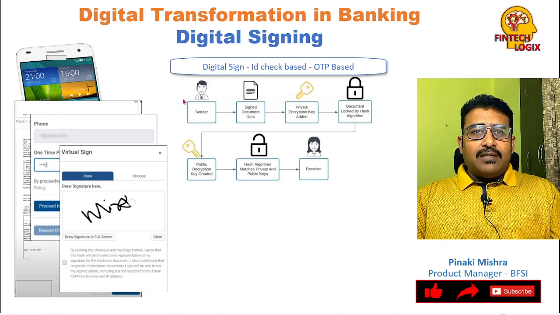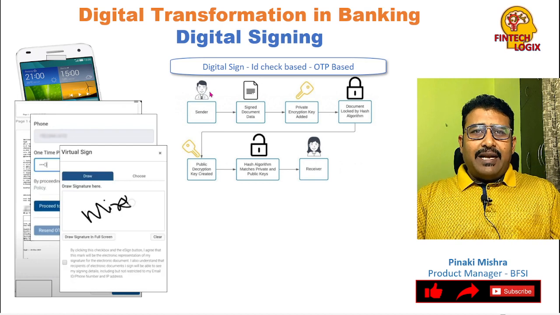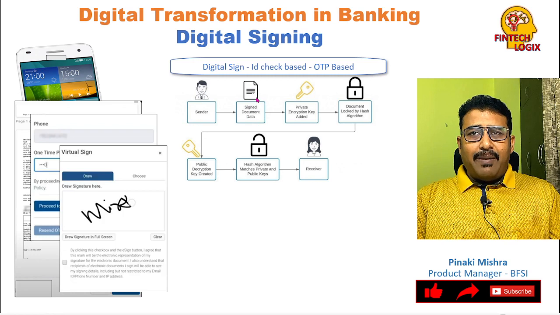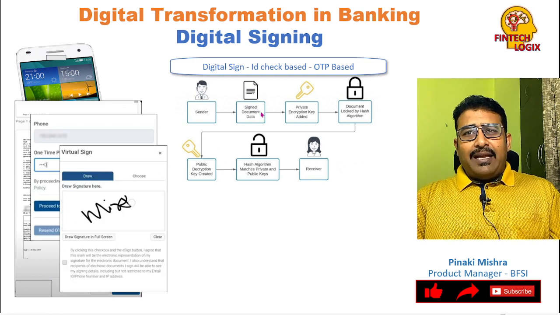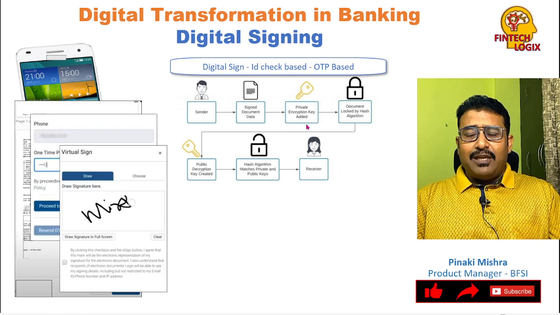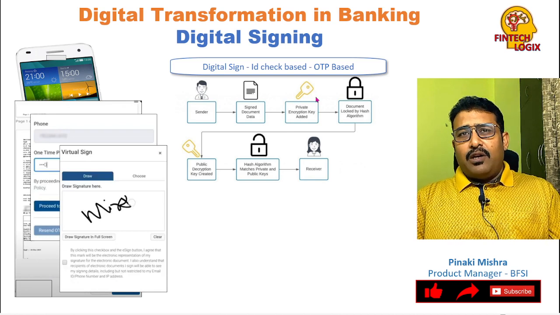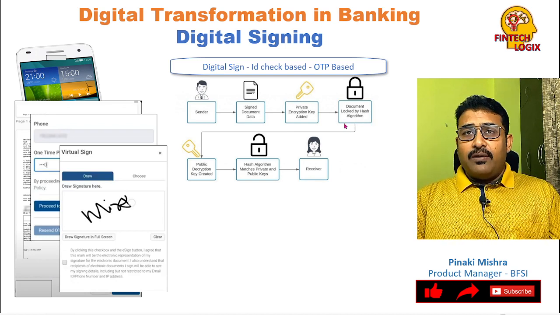Consider the sender as the first party who would sign, right? The sender would sign on a document or a contract by any of these three methods. As this document is signed, a private encryption key would be added to it, which will make the document locked and secured.